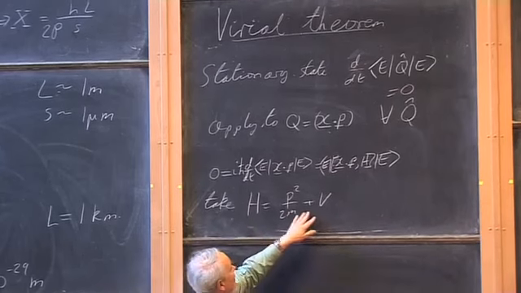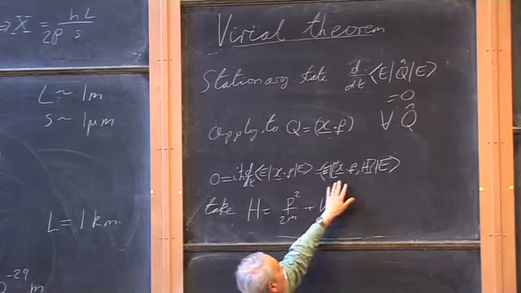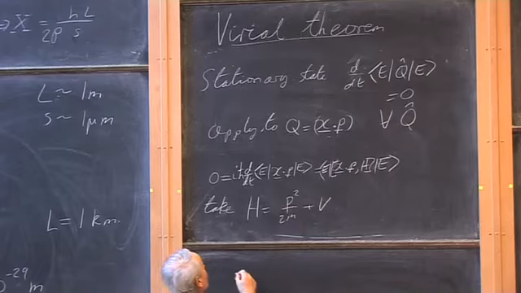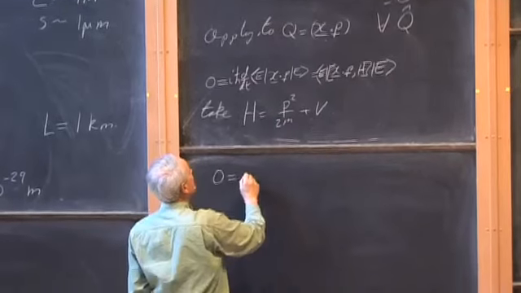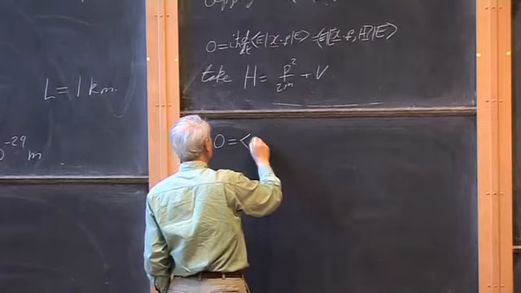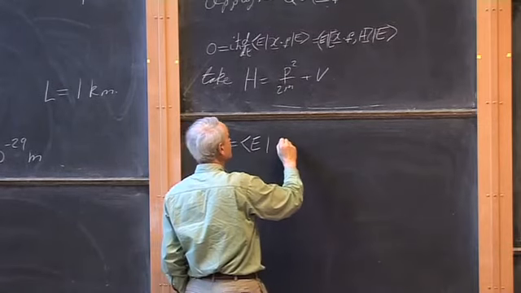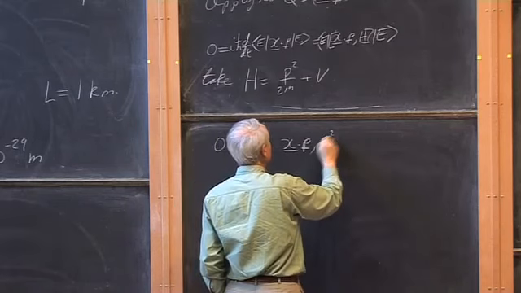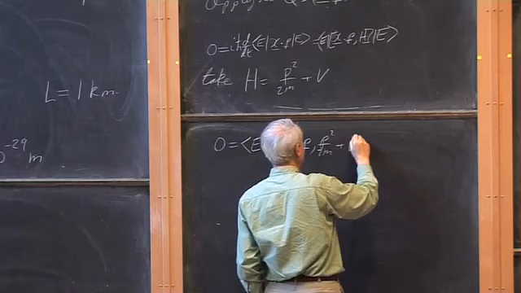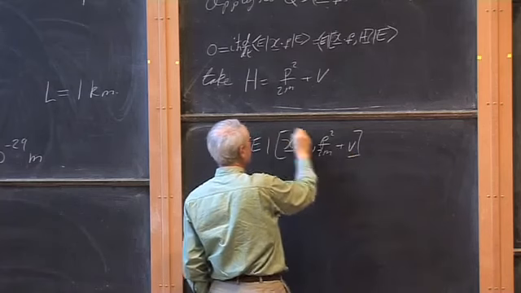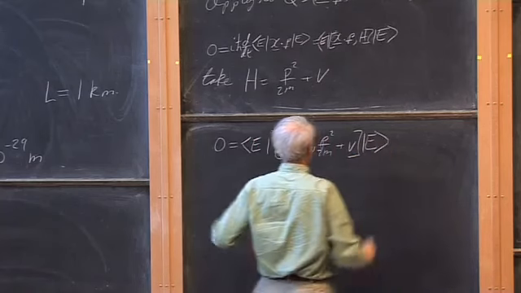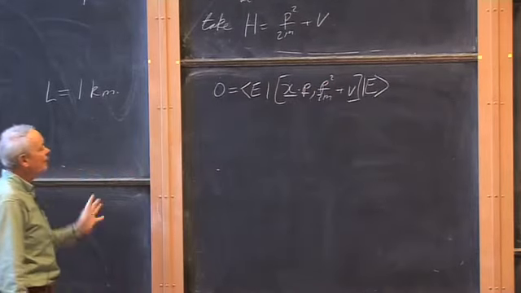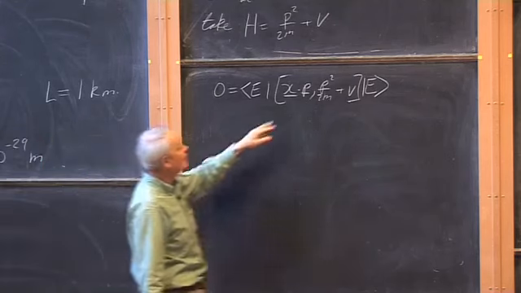So we'll take the Hamiltonian to be of that form, which is a pretty useful form, and stuff it in there, and we're going to have that naught is equal to the expectation of the commutator x dot p comma p squared over 2m plus V, close square brackets. So now we need to work out what this commutator is, and this is where we get a bit of practice in using the three-dimensional generalization.